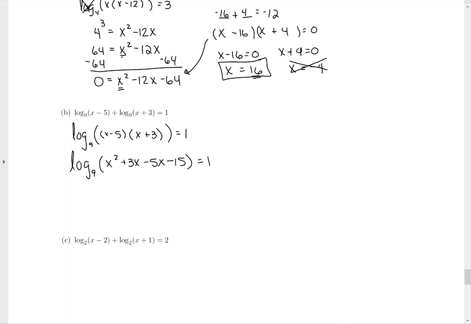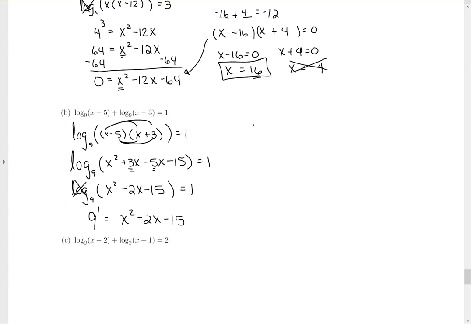That's first, outside, inside, last. Combine your like terms. Watch your signs there. Positive 3, negative 5. And now, again, to get rid of the log, you need an exponent. So you bring down the base, power equals x squared minus 2x minus 15.